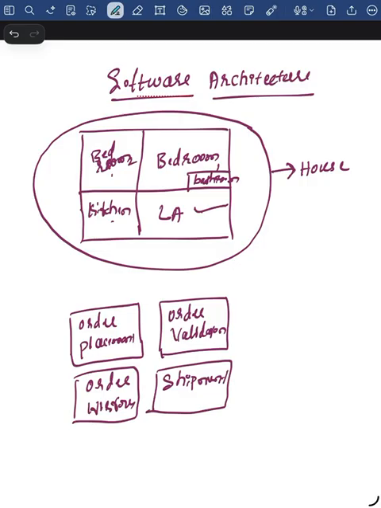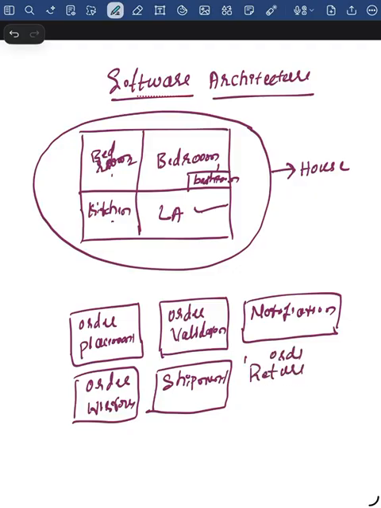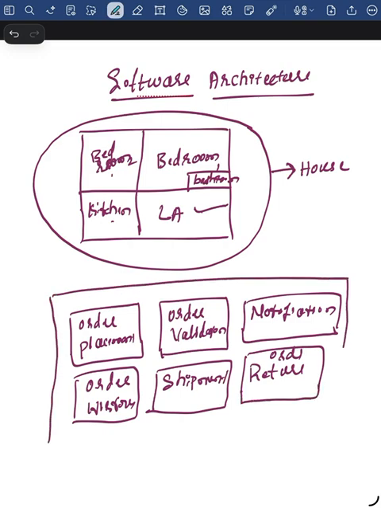Maybe notifications. What else? We can have returns, order returns. So these are all the components of a system.